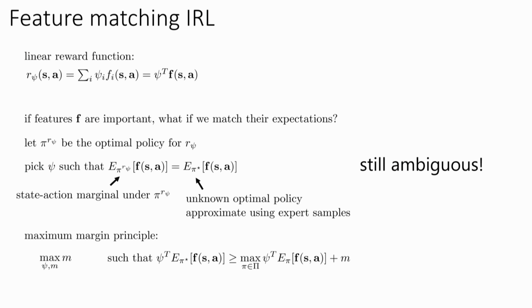This is equivalent to saying, I want to find psi such that the optimal policy is better than all other policies with respect to r psi by at least my margin m. Some of you might be looking at this and thinking this is a little bit bizarre. Does anybody have any thoughts about what's strange and peculiar about this?